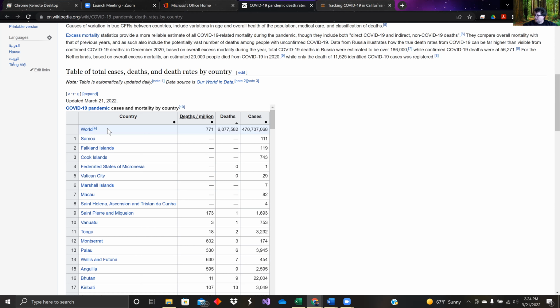And let's throw that in the calculator. 6,077,582 divided by 470,737,068 cases. And I'm getting 0.0129. So globally, we're looking at 0.129%.